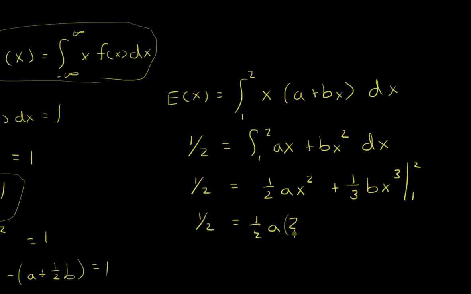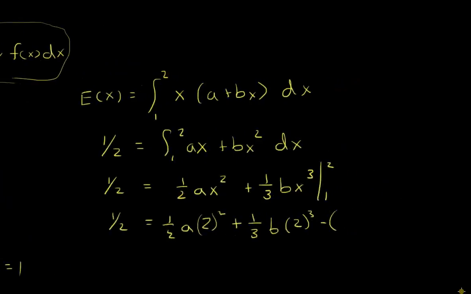So this would be 1/2 a times 2 squared plus 1/3 b times 2 to the 3rd power, minus, I need to plug in 1 for x. So this would be 1/2 a plus 1/3 b.